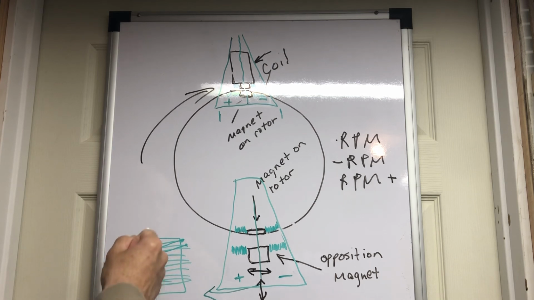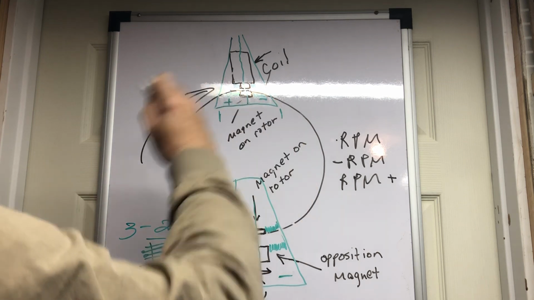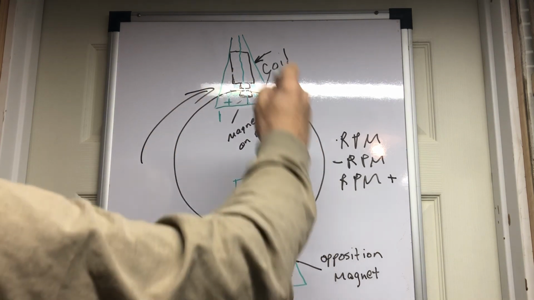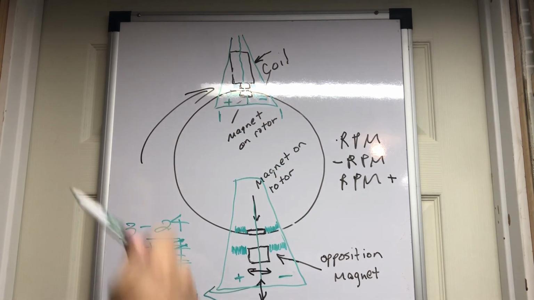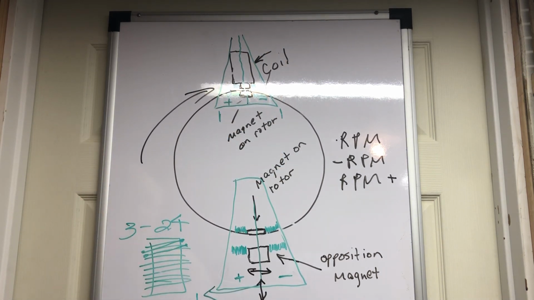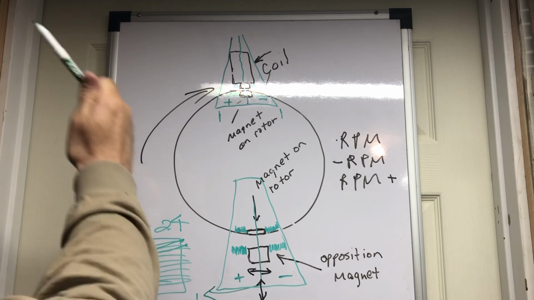Every one of those coils has the same amount of wire on the coil, almost to the inch, just different lengths and connected in series. And the output of the coil varies from the 3-strand to the 24-strand. The output of that coil under the exact same conditions, exact same rotor, exact same number of magnets, exact same RPM of the motor, varies because of the way the wires are connected.